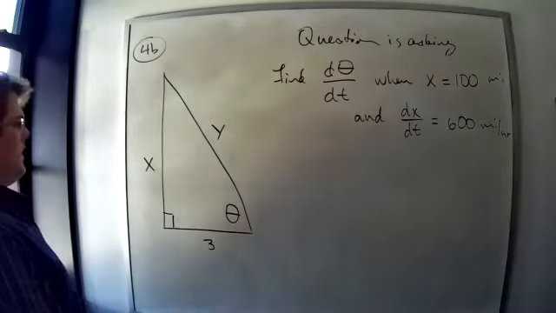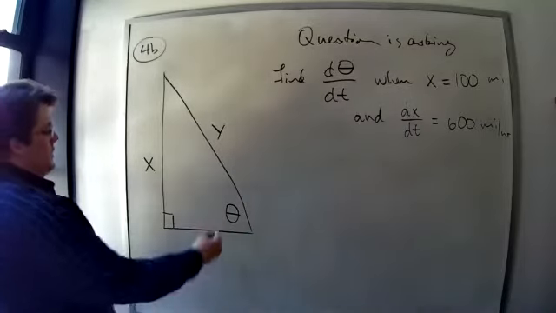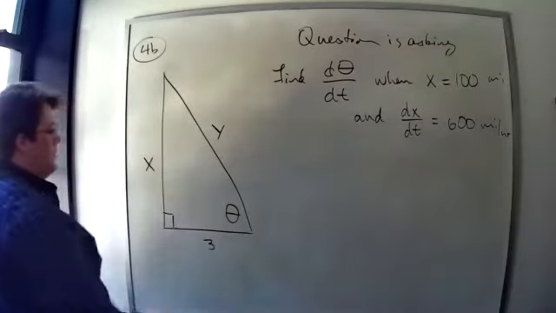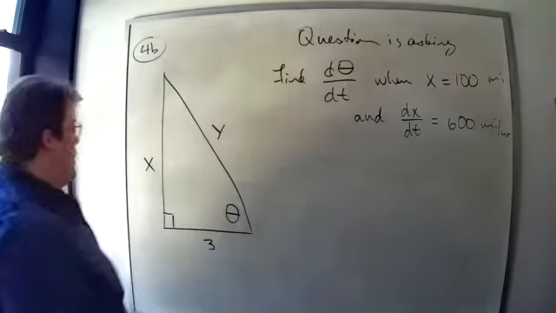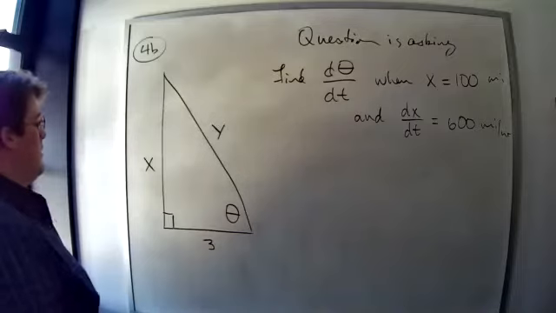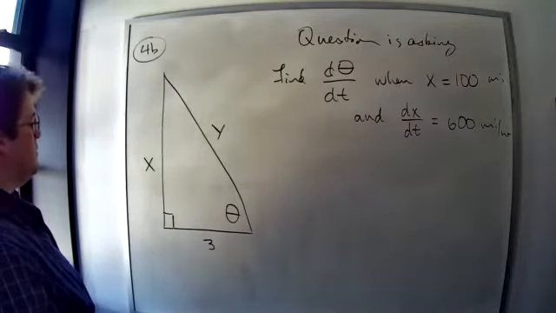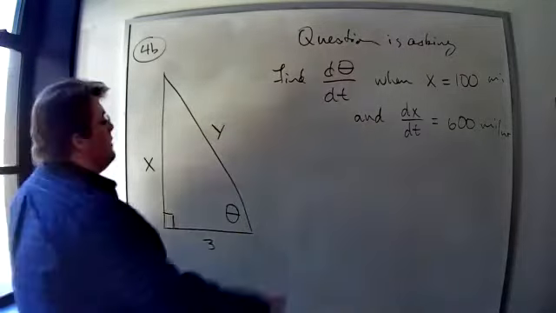A more convenient relation uses theta and the 2 legs, because one of the legs is constant. You could use cotangent. I'm going to use tangent.